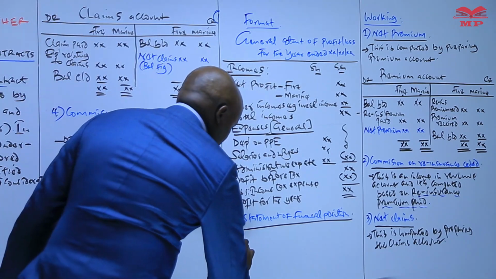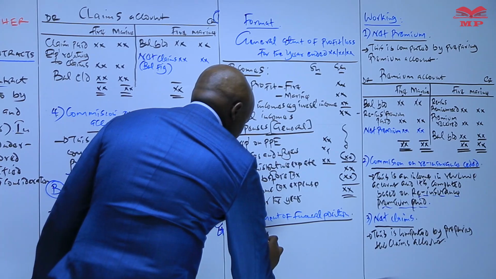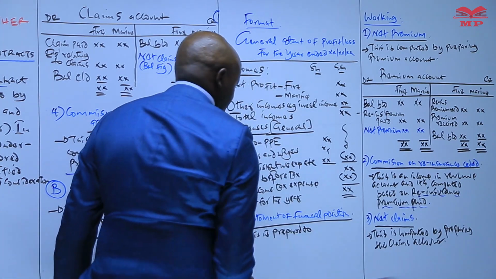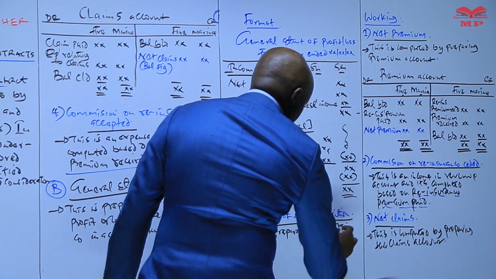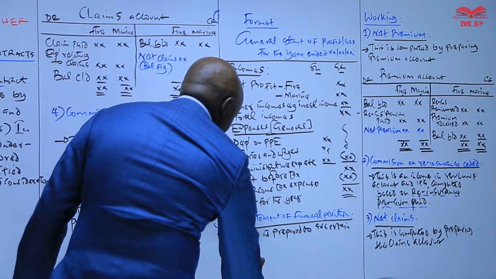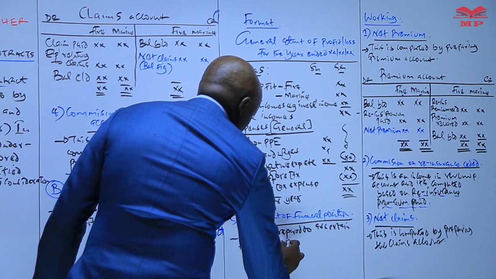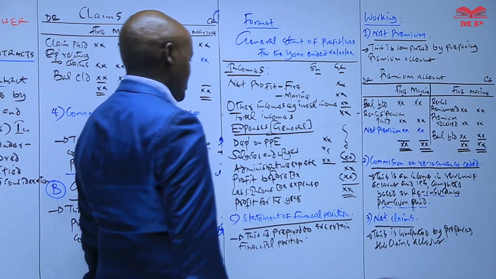And also we know that this one is prepared based on the accounting equation. So we can say this is prepared to ascertain the financial position of an insurance company at the end of the year.